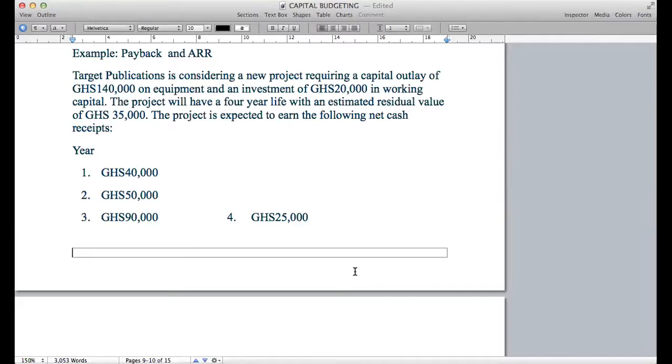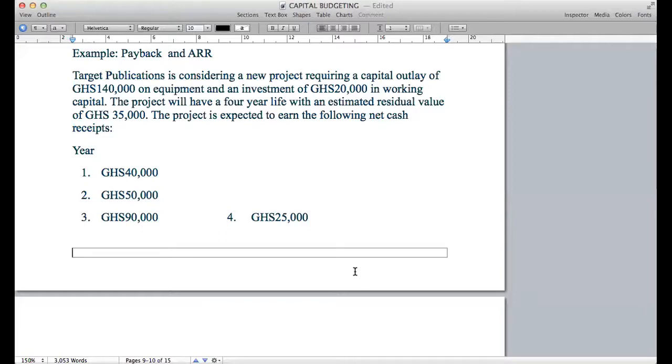The scrap value is 35,000, right? The last figure, okay, let's maintain it. Let me put it somewhere here.